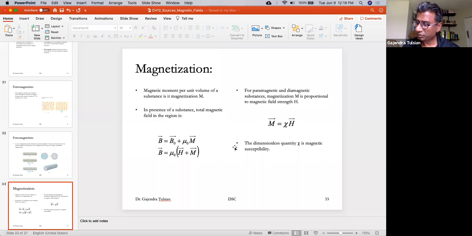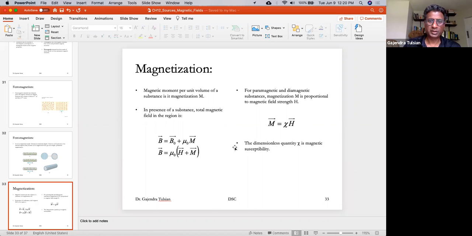It might acquire magnetization, which is just the moment per unit volume. If this material has magnets in it, those magnets might line up.